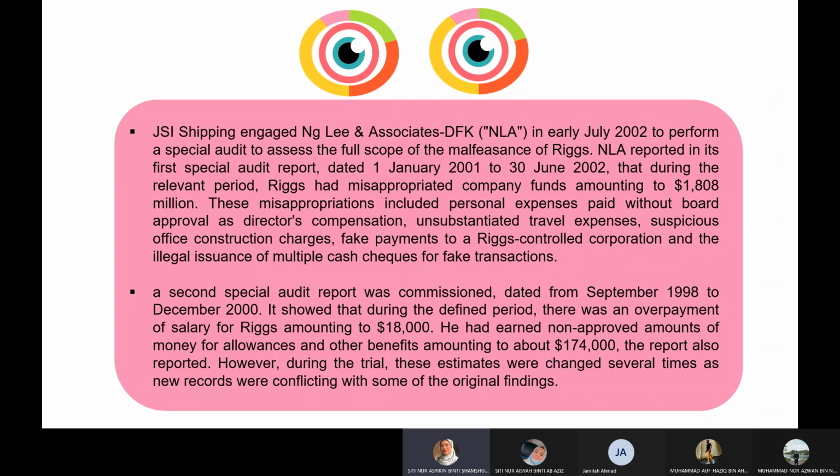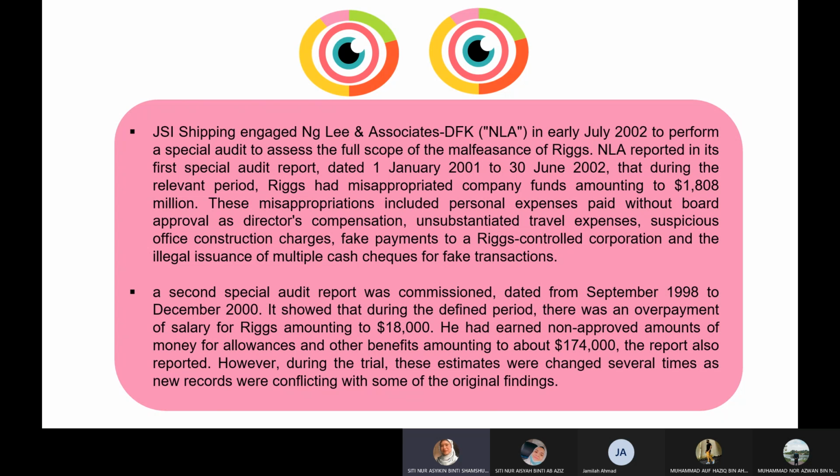This operation include personnel expenses paid without board approved as director compensation up substantive travel expenses, sufficient official construction chain, paid payment to corporation and the illegal issue of multi-cash check for paid taxation. A second special audit report was commissioned date from September 1998 to December 2000. It showed that during the defined period there was an overpayment of salary for Raj amounting to $80,000. He has earning not approved amount of money for allowance and other benefit amounting to about $174,000. The report also reported, however, during the trial, this estimate were changed several times as new records were completed with some of the original findings.